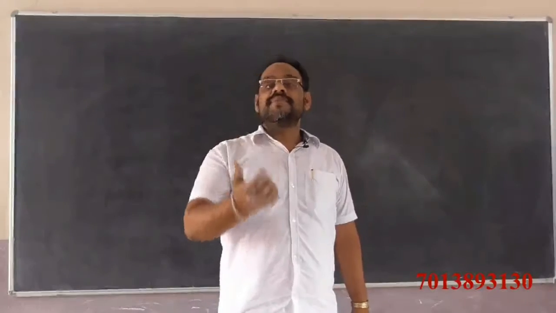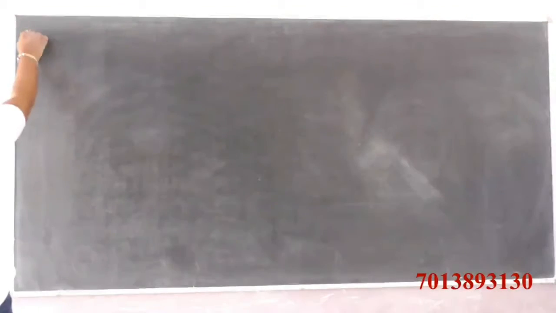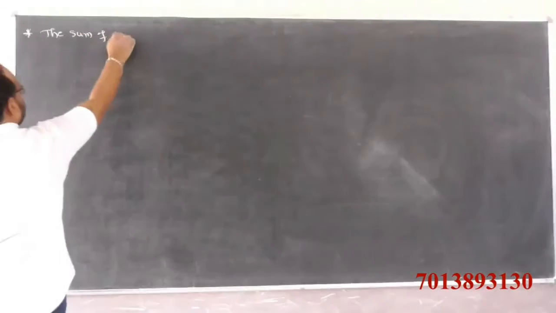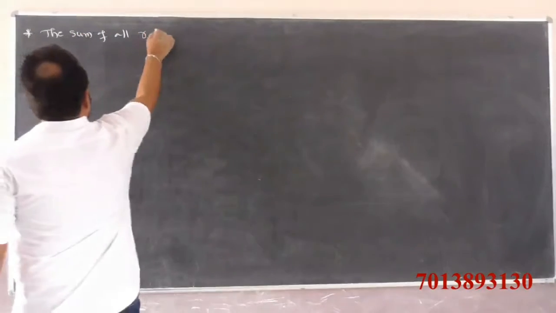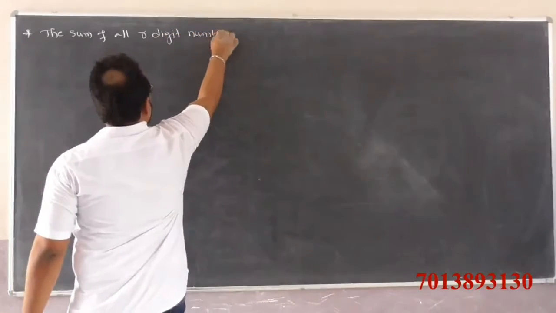Find the sum formula. The sum of all odd digit numbers.